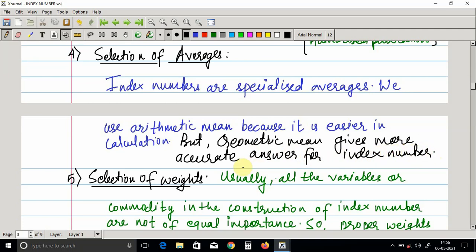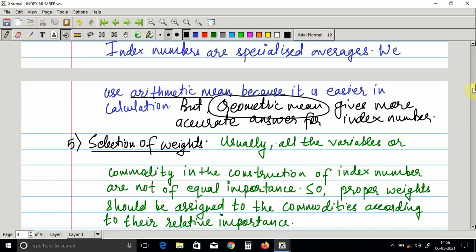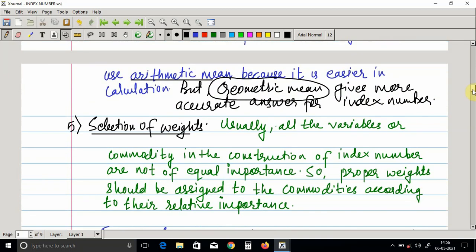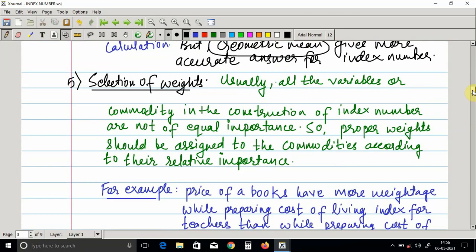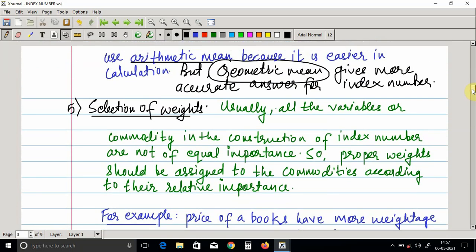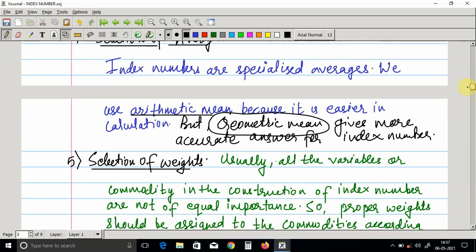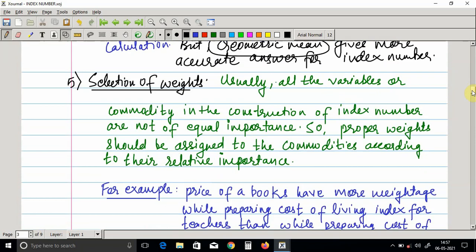Just to avoid difficult calculations we are using arithmetic mean, and most of the books are using arithmetic mean, but you should know that geometric mean is the better measure to calculate index numbers. So practically geometric mean is preferable and theoretically arithmetic mean.